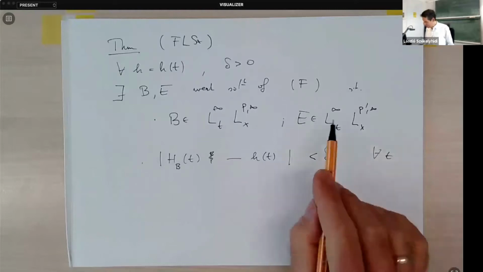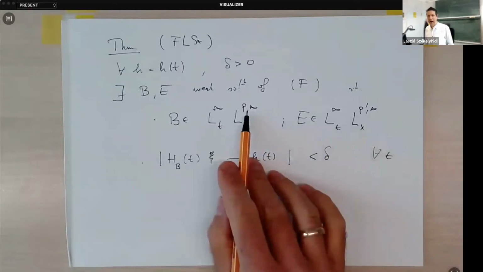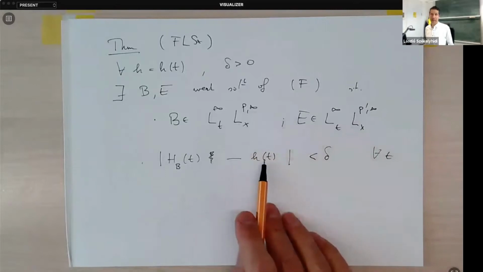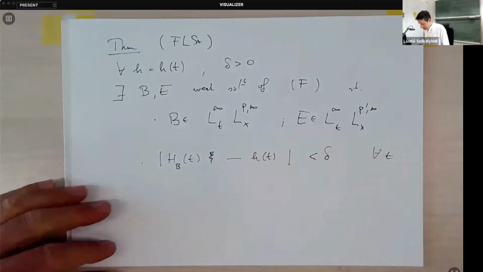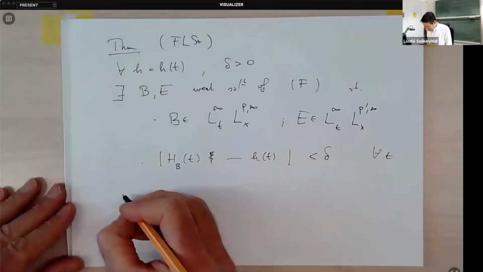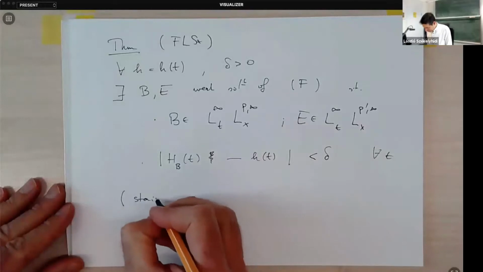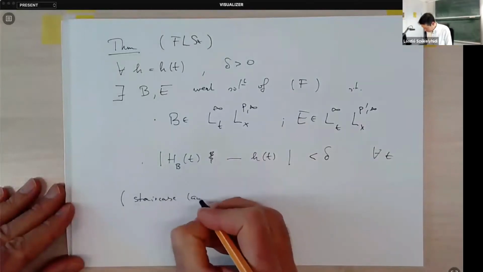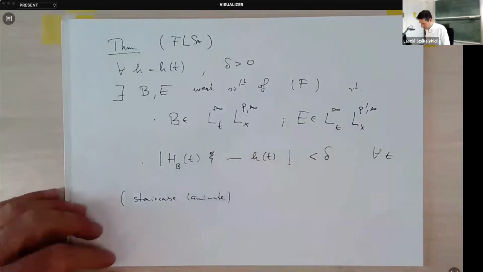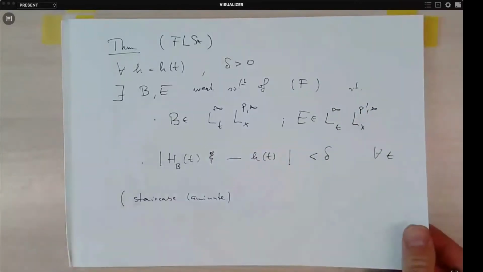As soon as I go a little bit below in the integrability, I can do anything. Let me just say that this construction is based on a staircase laminate, if there are some experts in the audience.